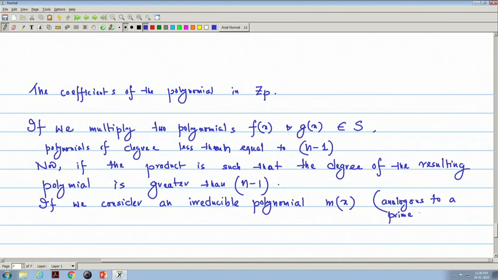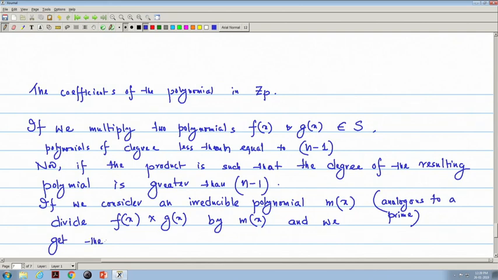We have read that definition. And we divide the product, f(x) into g(x), by m(x), and we get the remainder R(x).